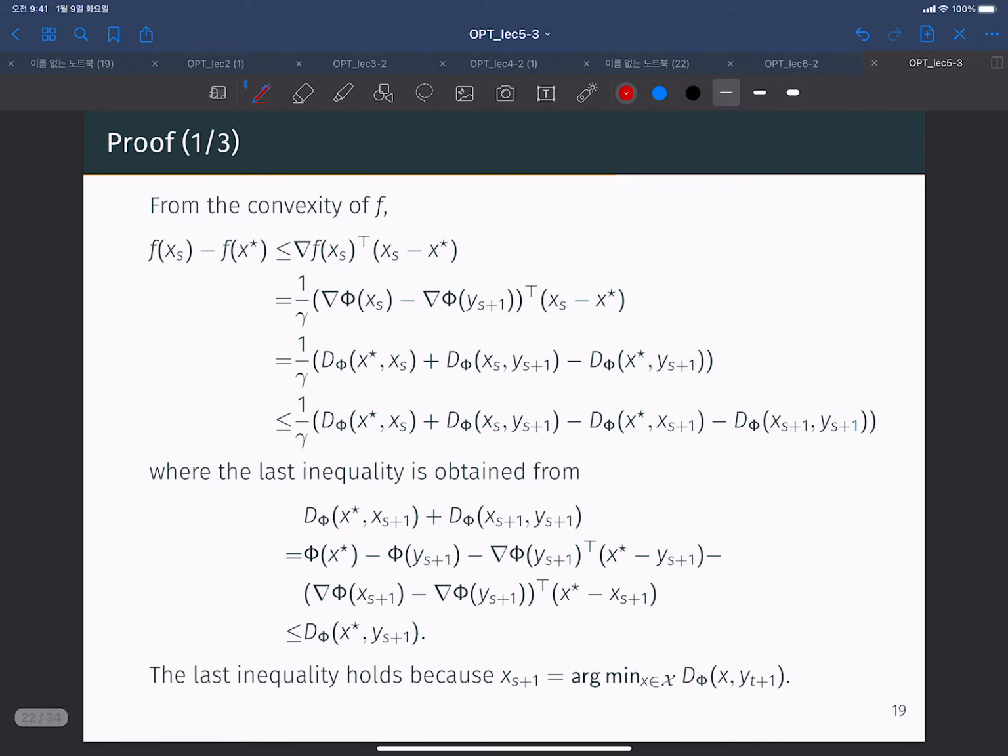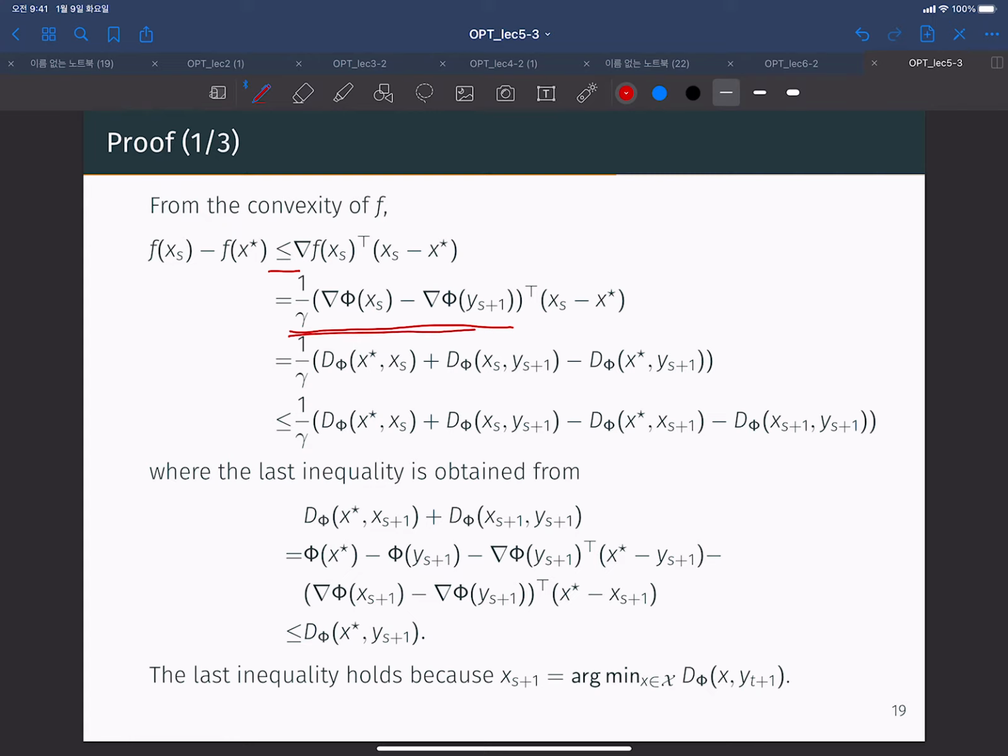So let's show this. From the convexity of function f, we naturally have this inequality. And from the definition of the mirror descent algorithm, the gradient appears when we update y_{s+1} from x_s. We first map x_s to the gradient space, the mirror space, the gradient of Π(x_s), and then move the gradient as much as minus gamma times the gradient of f(x_s).